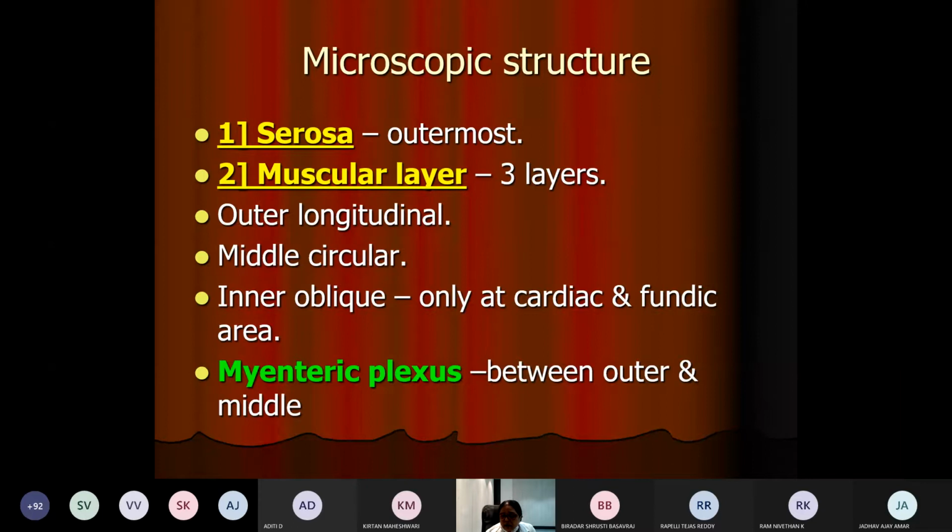It has got three layers: outer longitudinal, middle circular, then inner oblique, only at cardiac and fundic area. Then the myenteric plexus is between outer and middle layers.